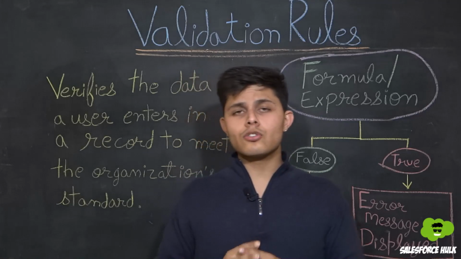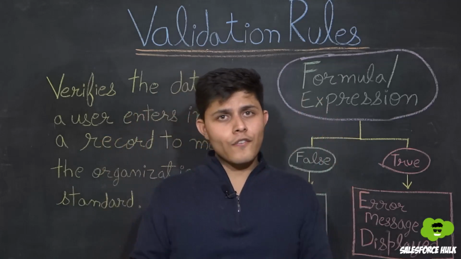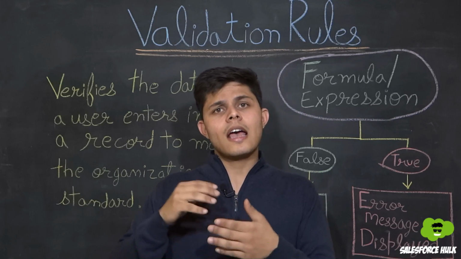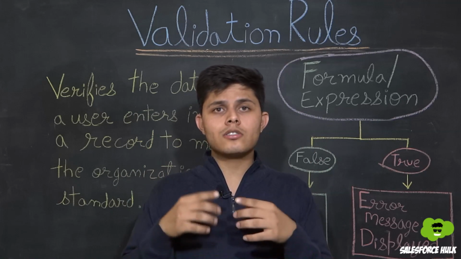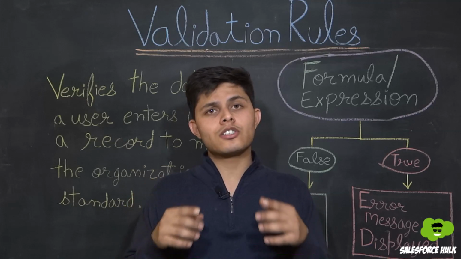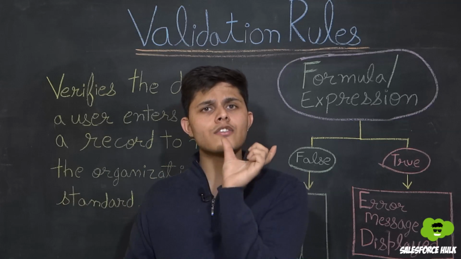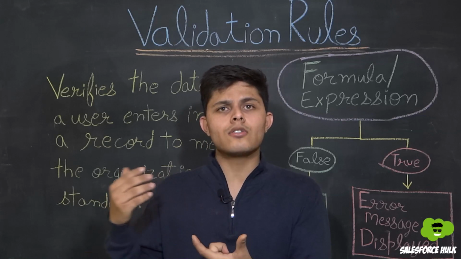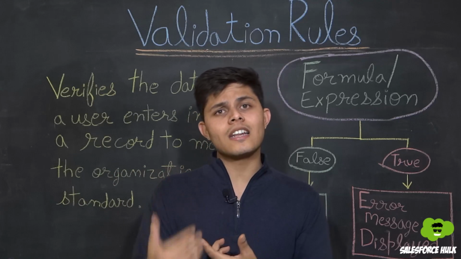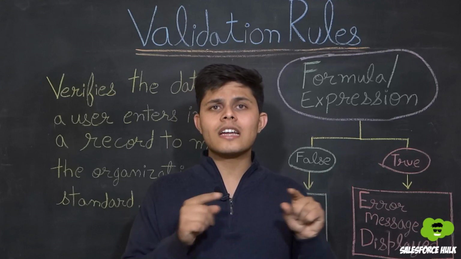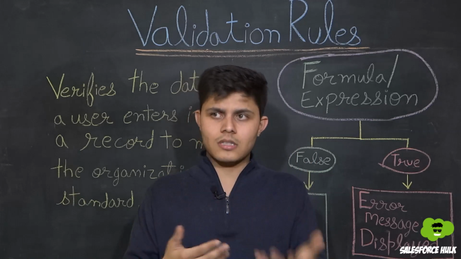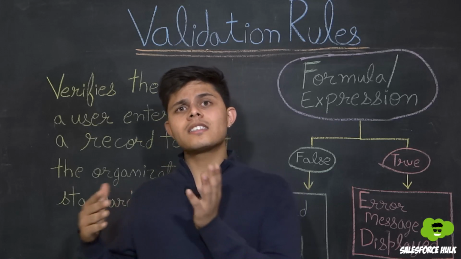In that validation rule, you'll simply write down a formula which will evaluate whenever a user is saving that record, and that formula or expression should be created in a way that if it returns the value true, then in that situation an error will be displayed and the record will not get saved. And if that formula or expression evaluates to false, then in that situation only the record gets saved.